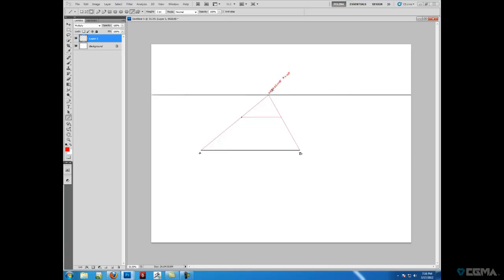Now, once we drew those, I drew the line from the point across, and that gives me the same distance of a line. So that gives me the same length. You can also do this vertically.